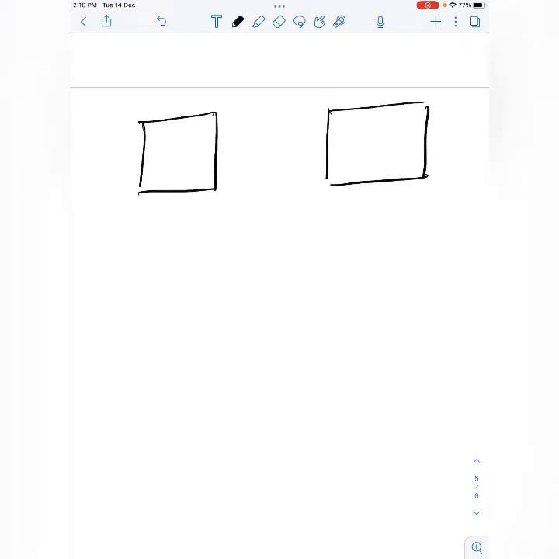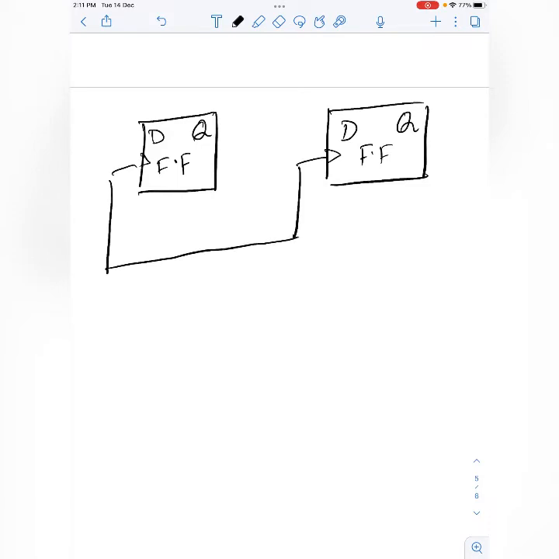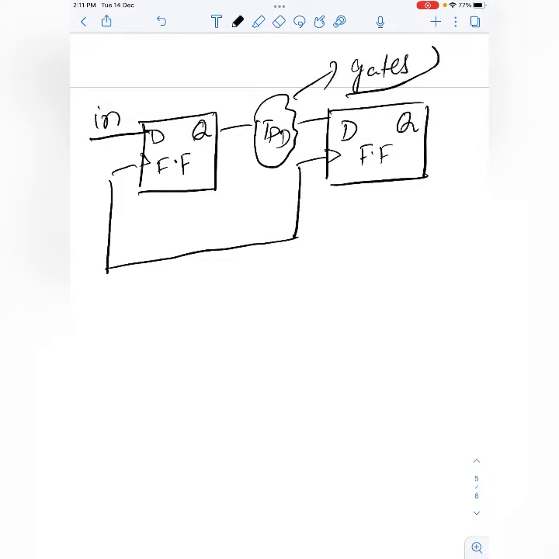So these are two flip-flops, say D, there is one clock, and we are applying some input. There is some intrinsic delay, that is TPD, maybe some gate, it's like combinational logic delay.